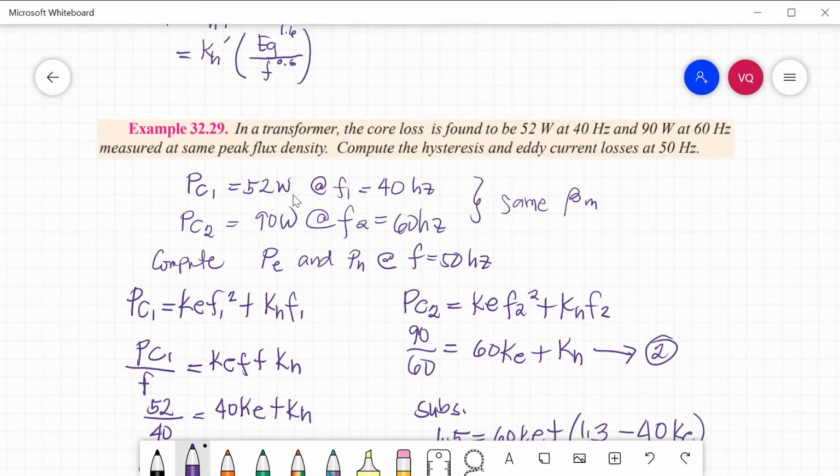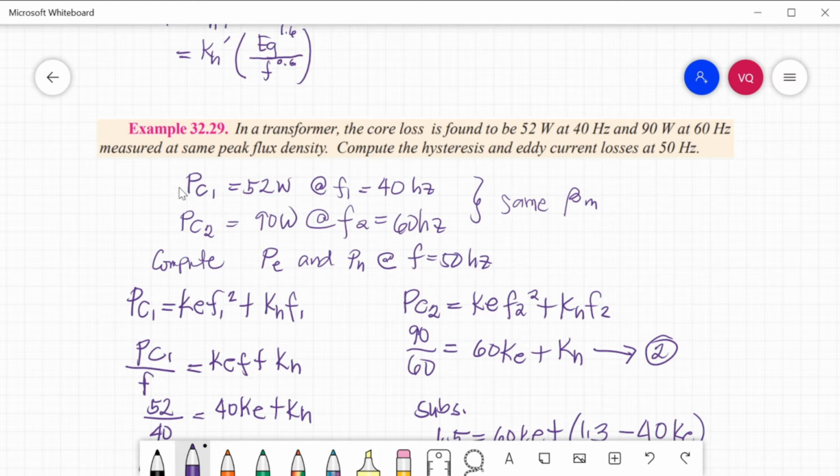Example. In a transformer, the core loss is found to be 52 watts at 40 Hz and 90 watts at 60 Hz, measured at the same peak flux density. Compute the hysteresis and eddy current losses at 50 Hz.